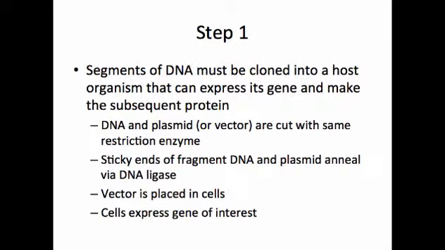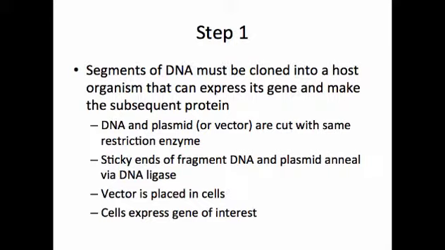How we start is we have to make the plasmid that will carry the DNA. A plasmid is a circular piece of DNA that is very simple, and it will have in it restriction sites that we can cut with our restriction enzymes, and we can place our DNA into that plasmid. Another name for a plasmid is a vector.